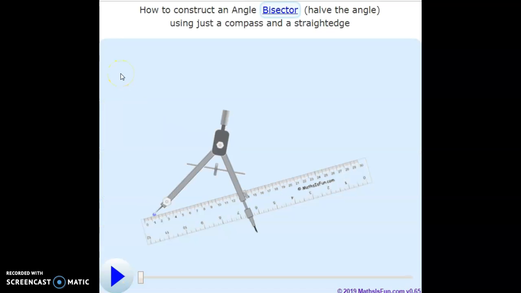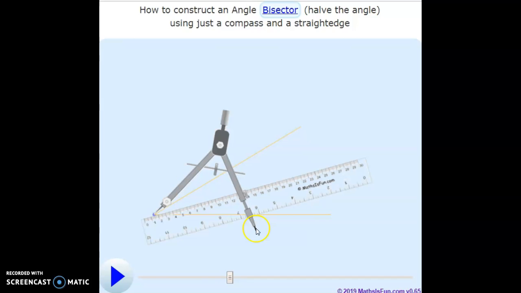Okay, so now we're going to look at our first construction, which is how to construct an angle bisector. Which means we want to have the angle using just a compass, which is this instrument here, and a straight edge, which will be our ruler. So we start off with an angle. So we have one arm here, and our vertex here. We place the needle of the compass on the vertex.